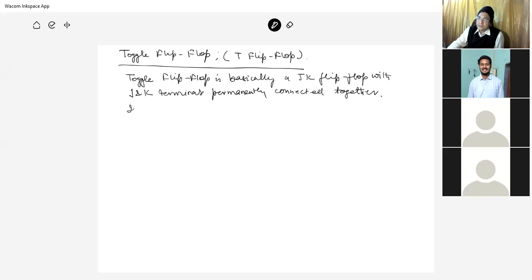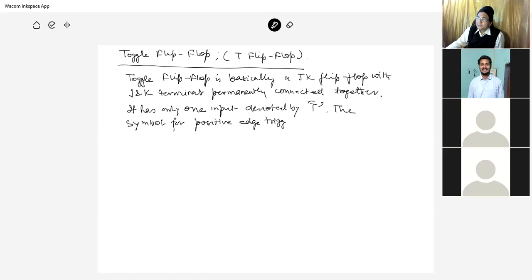So it has only one input denoted by T. The symbol for positive edge triggered T flip-flop.